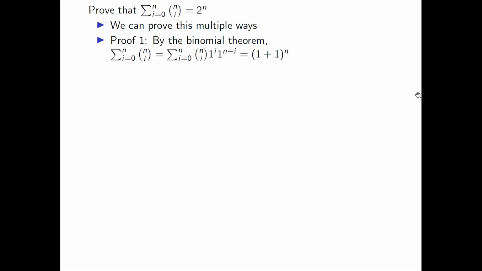Using the binomial theorem, like we did on the previous slide, we can write the sum i equals 0 to n of n choose i as the sum i equals 0 to n of n choose i times 1 to the i times 1 to the n minus i. So here we're looking at the binomial theorem with a equals 1 and b equals 1, and we get a plus b to the n, and so we have 1 plus 1 to the n, and that's what we wanted, 2 to the n.